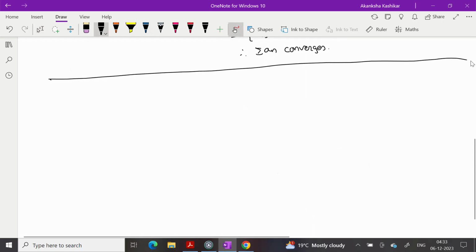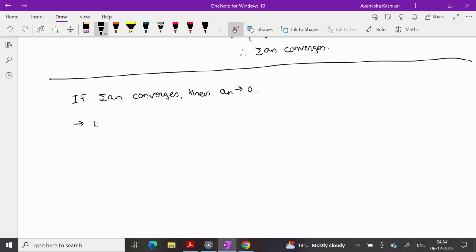Let us now introduce a couple more theoretical results. So when we say a series is convergent, what happens to the nth term? Okay, so we will have a result related to that. So if summation an converges, then an, that is the nth term, must go to 0.